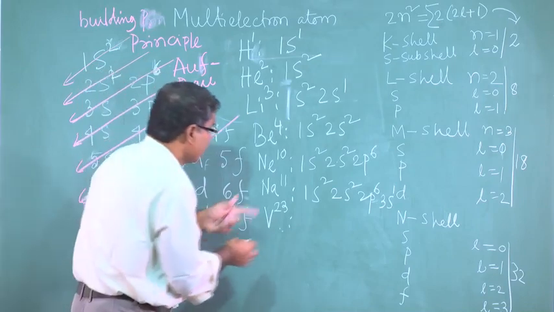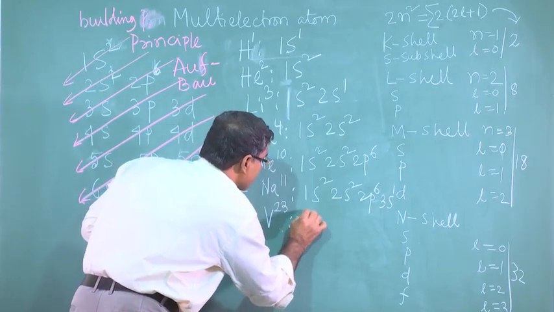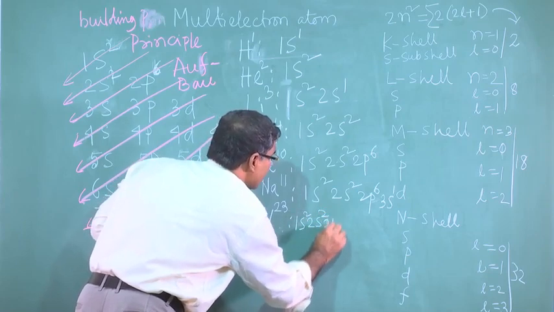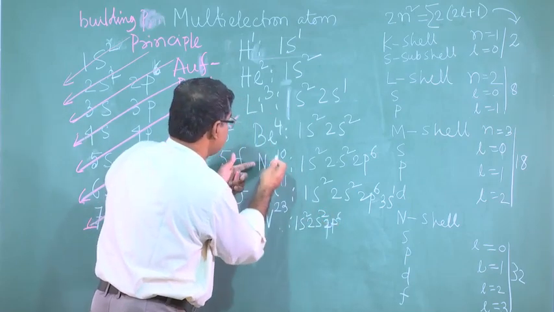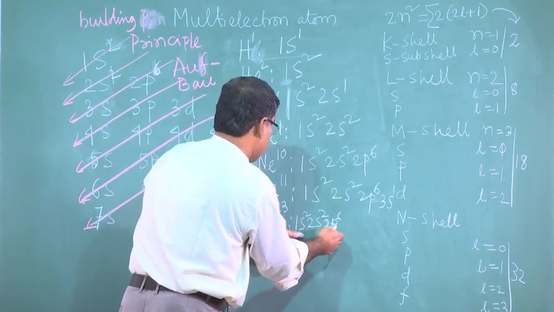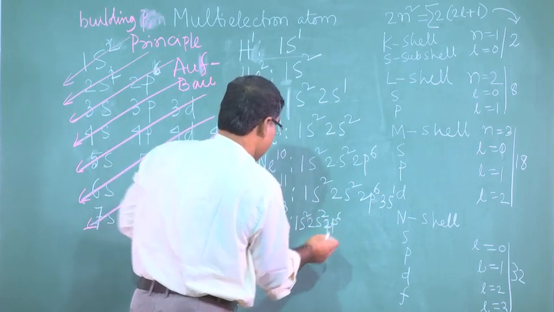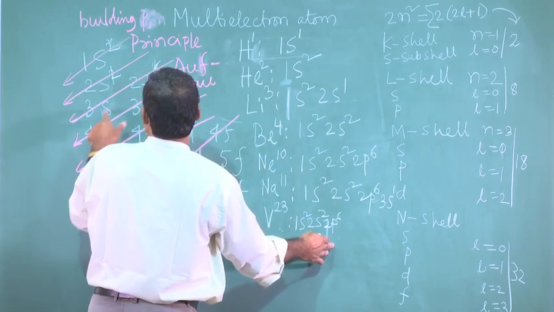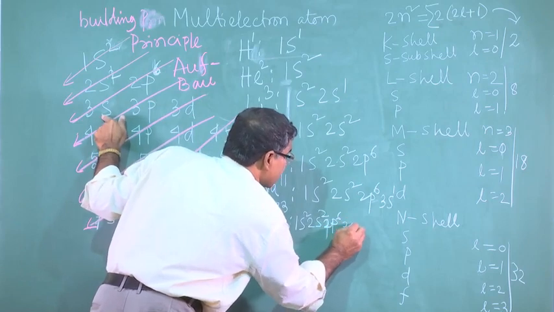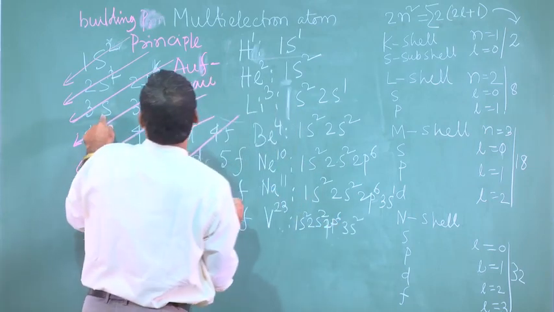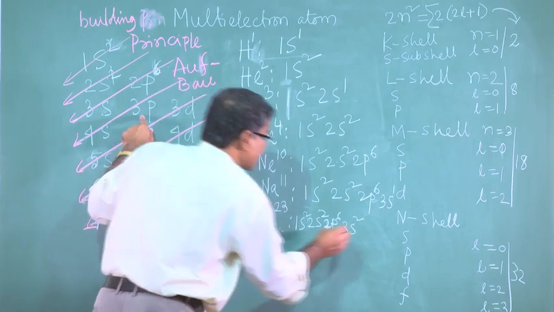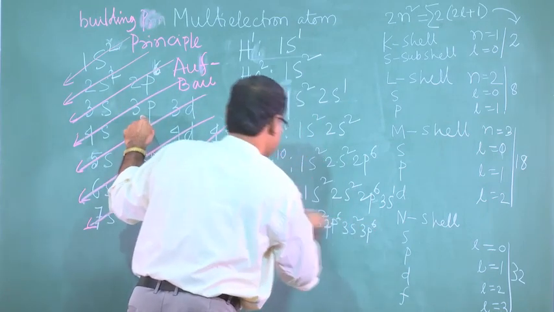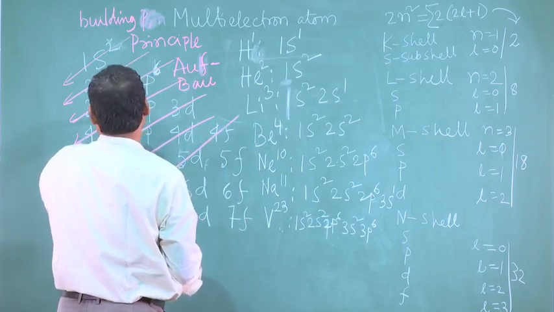Okay. Now it will come 1s2 2s2 2p6. So it is the neon configuration, and then these 10 electrons, then I have to come 3s2, then 3p6, 18, then 4s2.